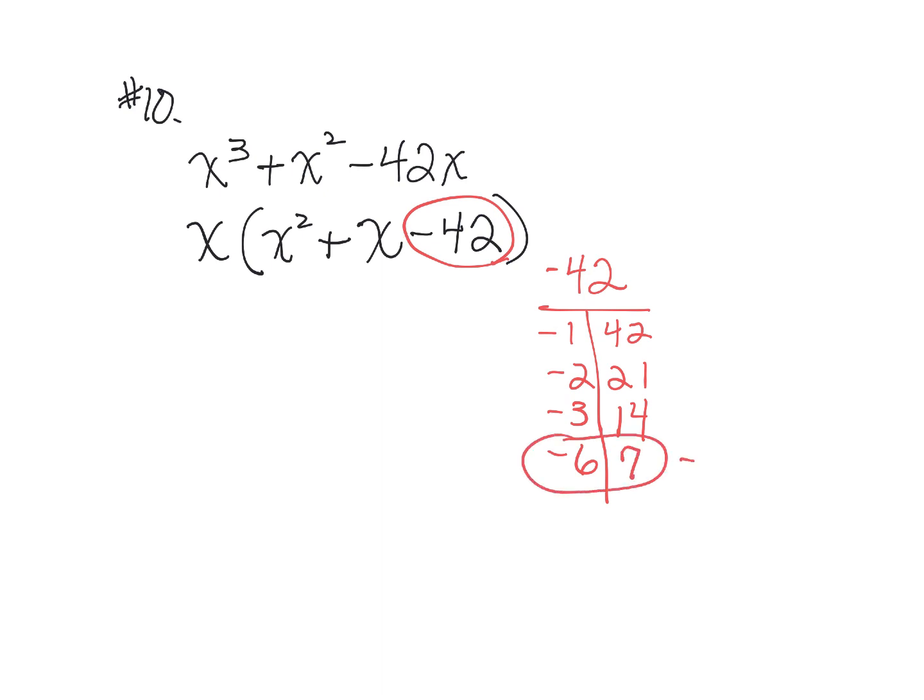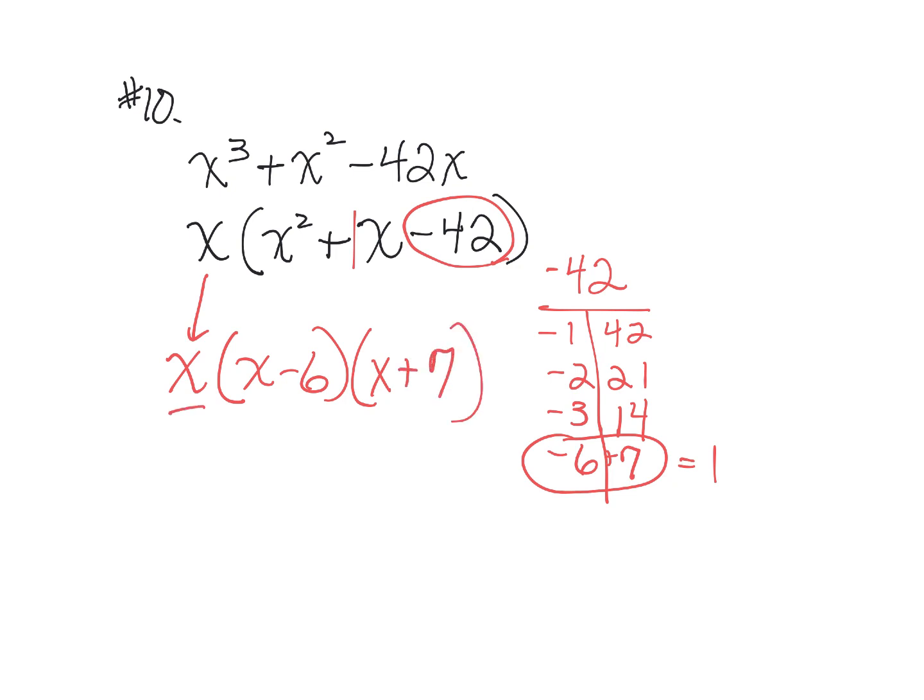Those two equal, if you take negative 6 plus 7 equals 1, you got the two factors. So you write your polynomial x, parenthesis x minus 6, parenthesis x plus 7. Remember, the order of the factors don't matter. They just like this lone factor in front. That's just nice to have.